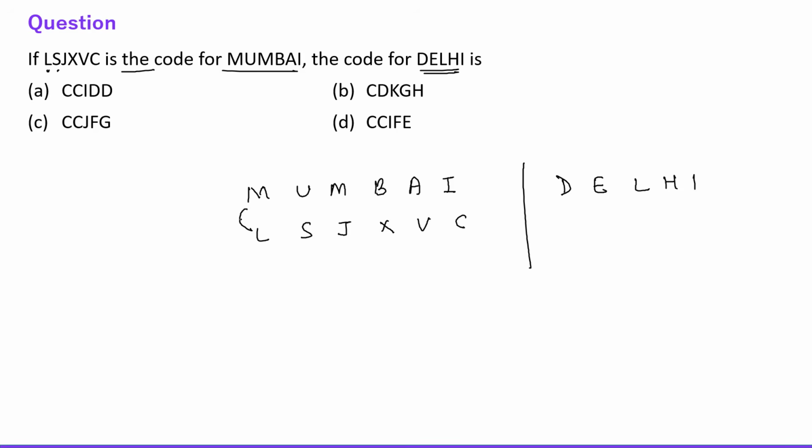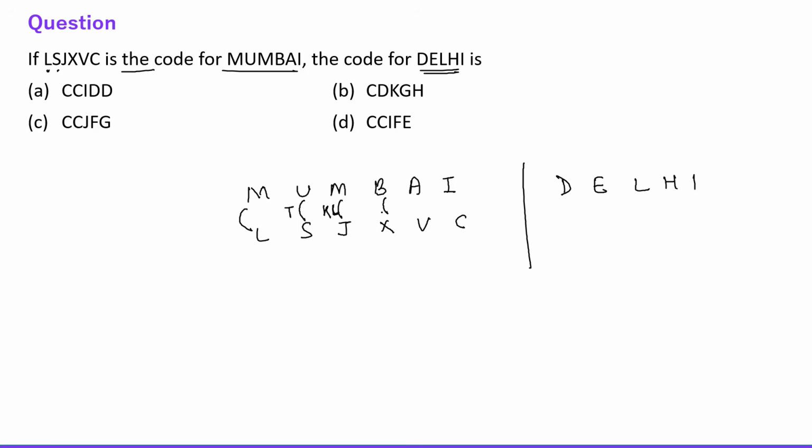L is just behind M, LM, right? After that, how are S and U related? STU. So when you go behind U, at the gap of one letter you get S. After that, when you go behind M, JKL and then M, at the gap of 2 letters you get J.